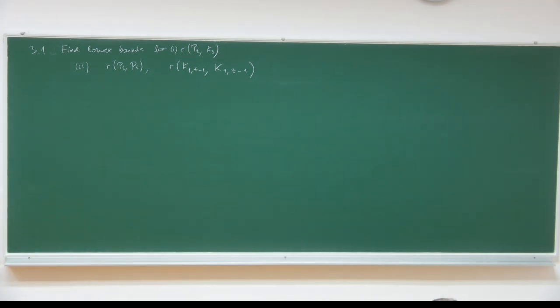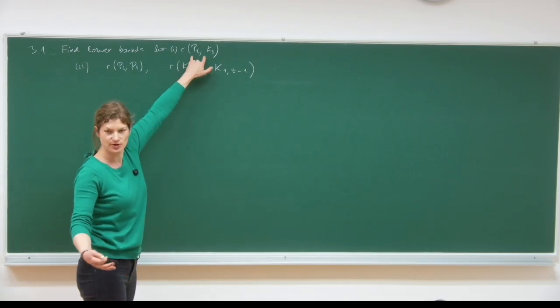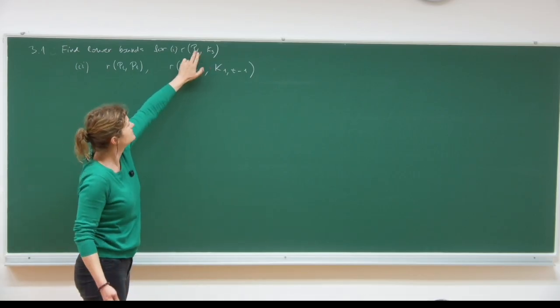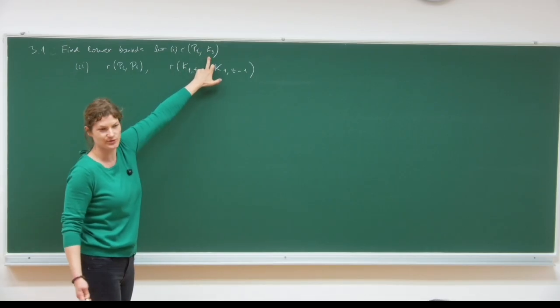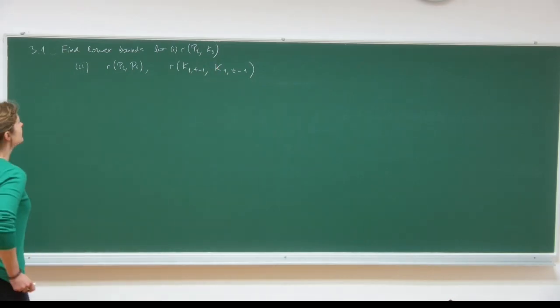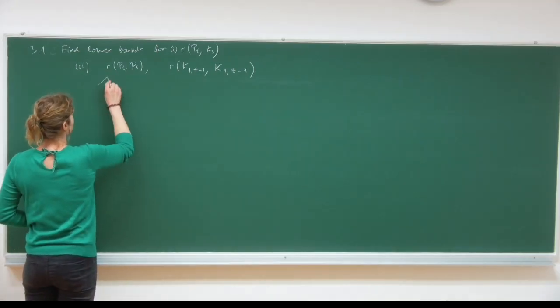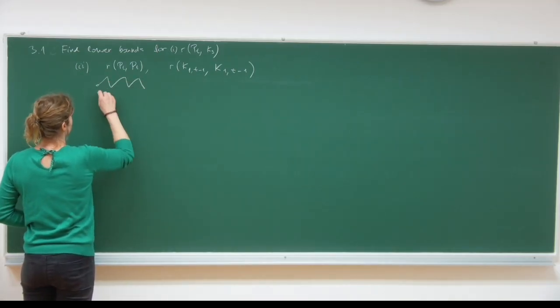This means finding a lower bound: you need to find a red-blue coloring of some complete graph that doesn't contain a red path or a blue clique. And you want as many vertices as possible in your graph. For the bottom ones, it's the same thing, but this P_t is a path, so t vertices.